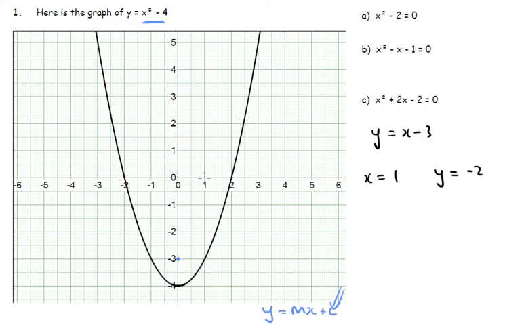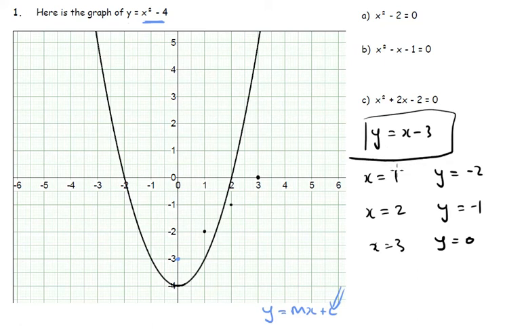So x equals 1, y equals minus 2, that's a coordinate the graph's going to go through. Let's put x equals 2 in, so y equals minus 1, that's here. And let's put one more in, x equals 3, y equals 0, that's here. So we have got these coordinates that this graph is going to go through.